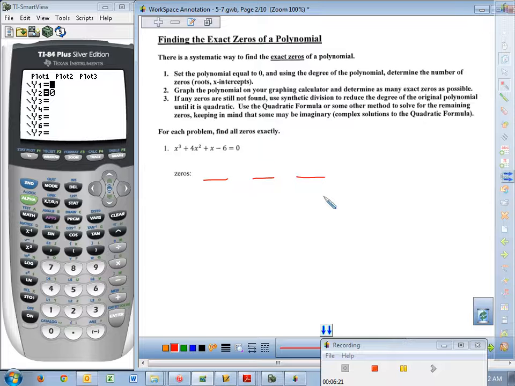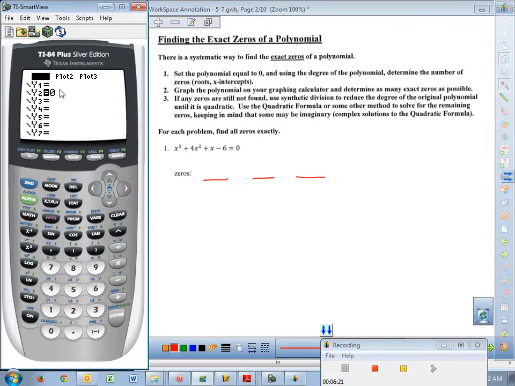Sound cool? The way we're going to do it is first we're going to graph that thing on our calculator. So that's x cubed plus 4x squared plus x minus 6. Got it typed in correct. Let's just zoom 6 in and see what happens.